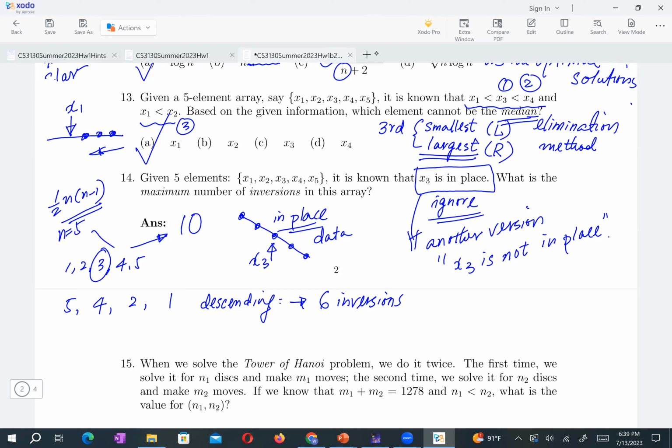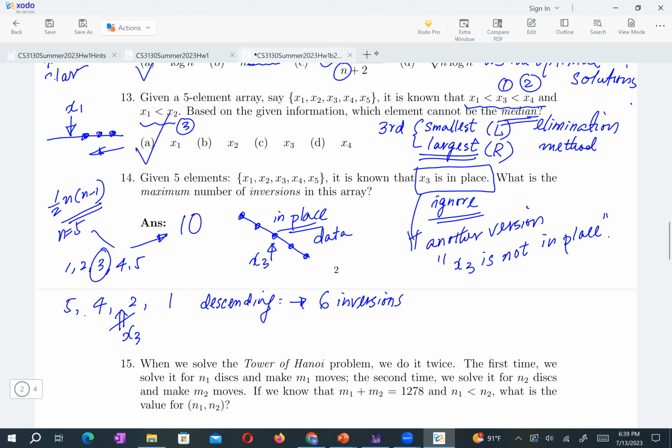Is that possible? 3 more inversions, but it cannot be in place. That means in this slot, you are not allowed to put X3. If you put X3 in that slot, it's in place. It's not allowed. It must be not in place.